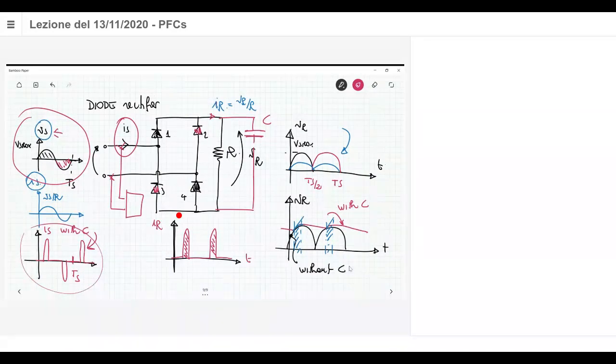Another situation is that in order to have real power, you just have to focus on the fundamental component of the current Is, because this is the only component of the Fourier expansion of the current that provides you, with Vs, a real power. But you have a lot of harmonics that do not provide any real power, so they are not useful to provide power to your load, but they circulate in the wires and the input ports.